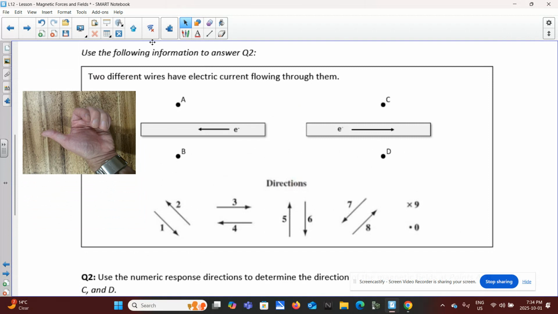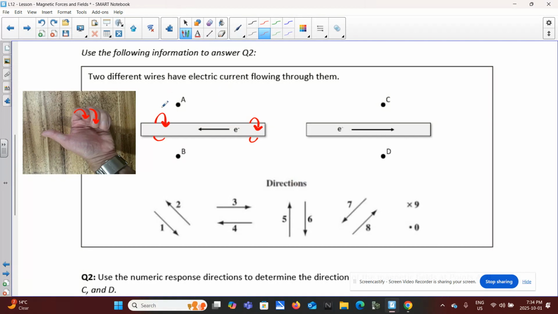And what that means, when I look at my hand, is my magnetic field is looping up the back and down the front because my fingers are coming down the front. So that's what that means.